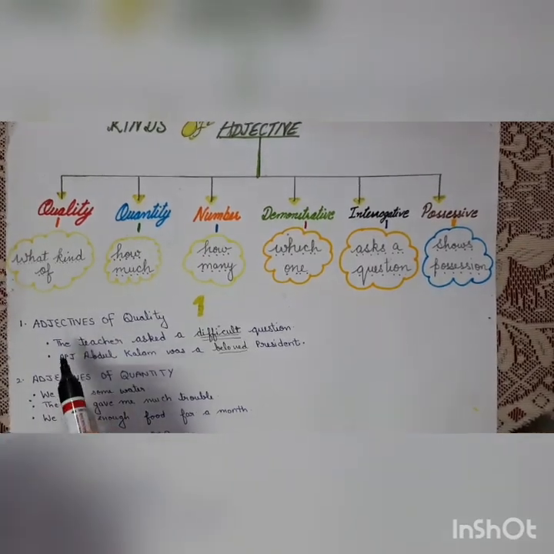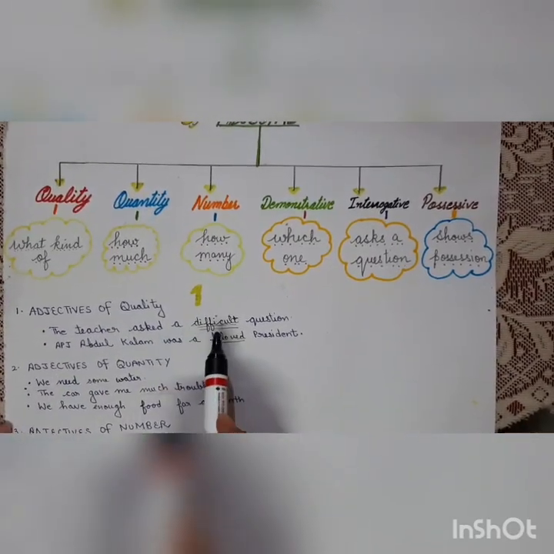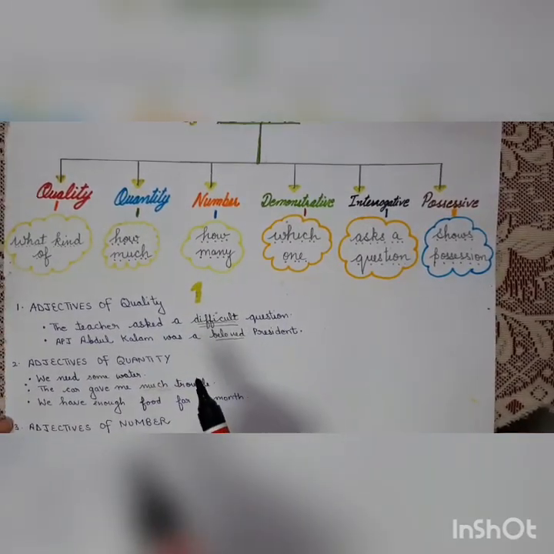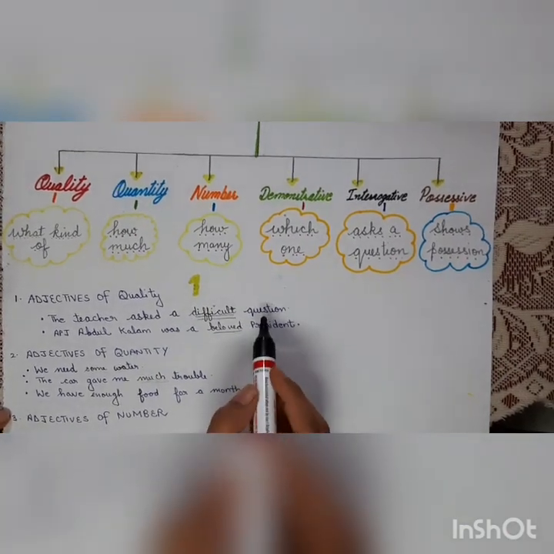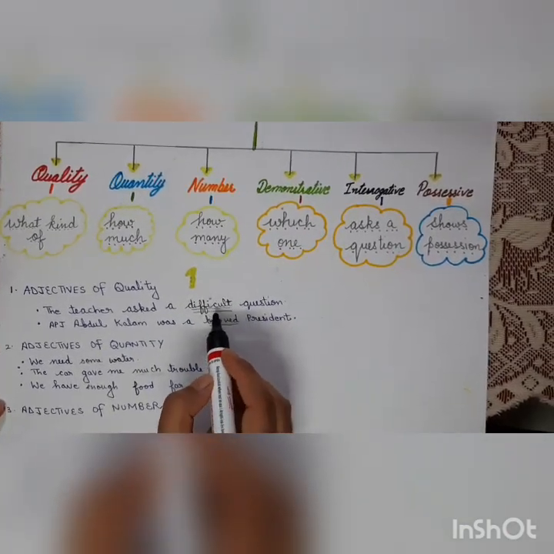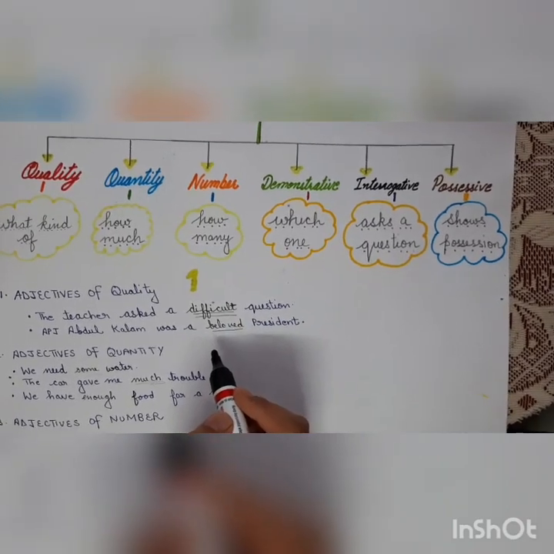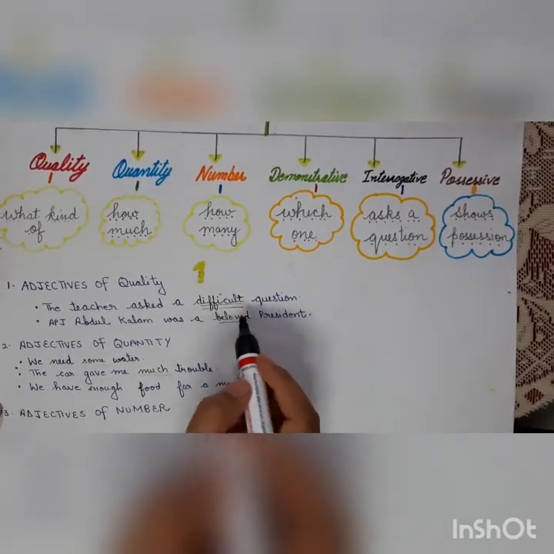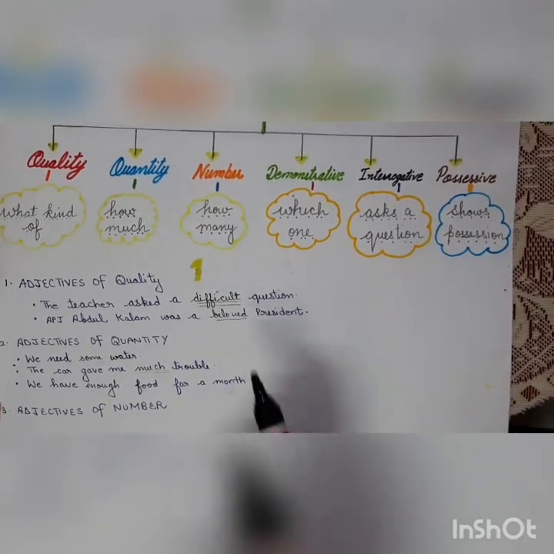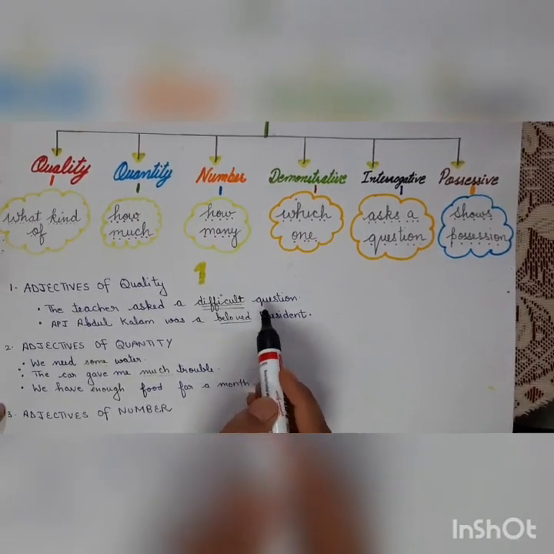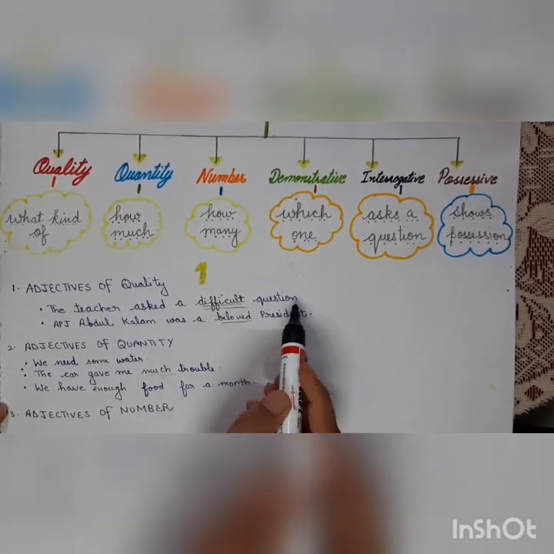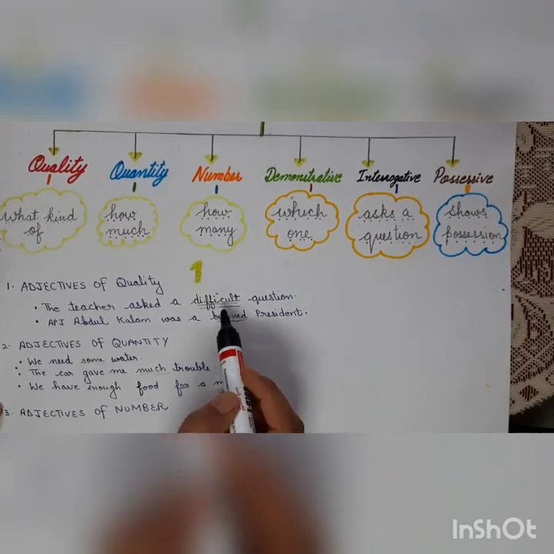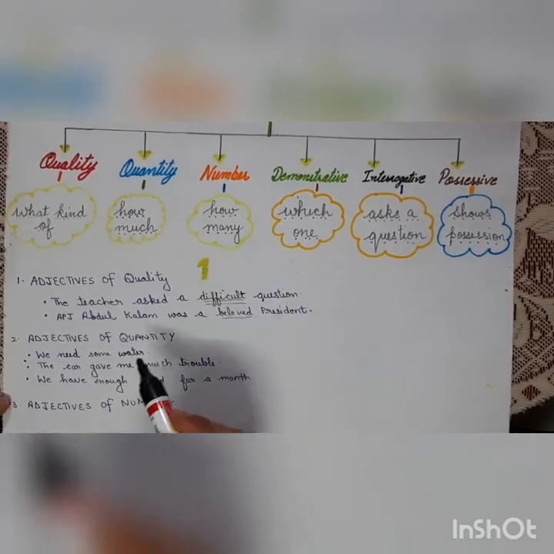For example, the teacher asked a difficult question. Now, as you know, question is noun and difficult is adjective. If the question comes, state its kind, then how will you identify? See, it answers to the question what kind of. What kind of question? Difficult. So, difficult is adjective of quality.